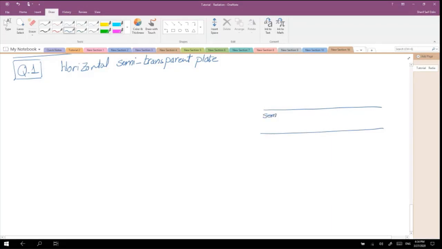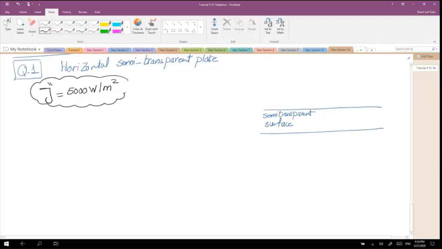So, semi-transparent surface, and given to you the radiosity is 5,000 watt per meter square. So watt per meter square is per unit area, so this is basically flux.